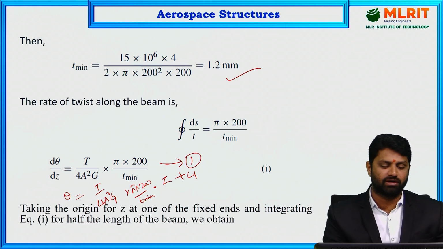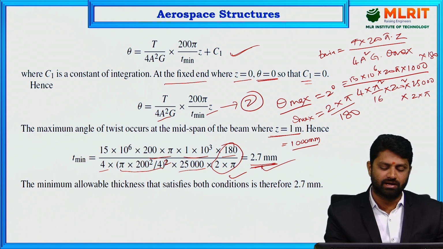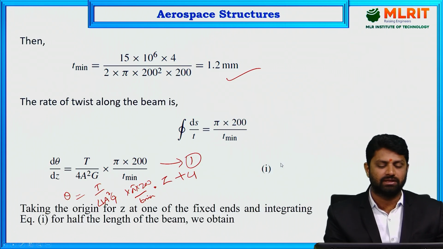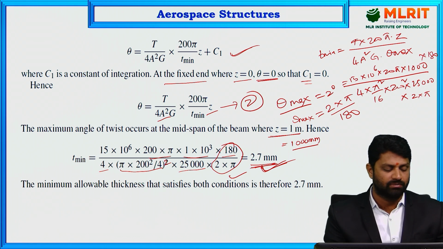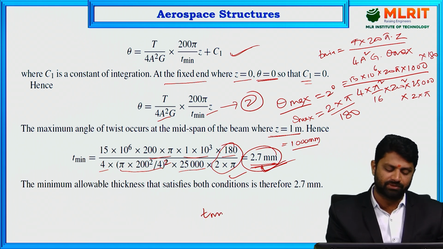If you consider 1.2 mm, then this is not valid, but if you consider 2.7 mm, then it is valid. Therefore, the minimum allowable thickness of 2.7 mm satisfies both the maximum shear stress as well as the maximum angle of twist conditions. So the minimum thickness can be considered as 2.7 mm for this case.